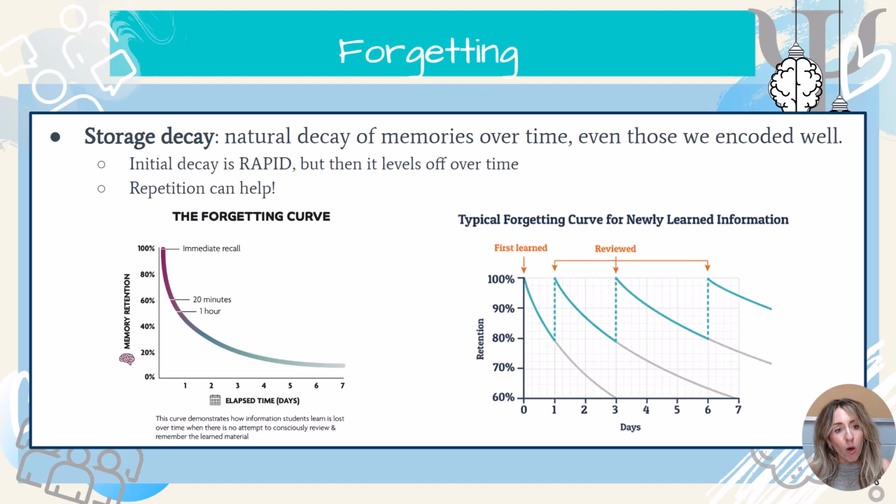One thing that can help with storage decay, which is natural, is repetition. So if you look over here, every time you review the material, which is shown by these arrows, the decay takes longer and it levels off sooner, right? So that's how you can help fight storage decay. Kind of like how with encoding failure, you can help fight it by paying more attention.